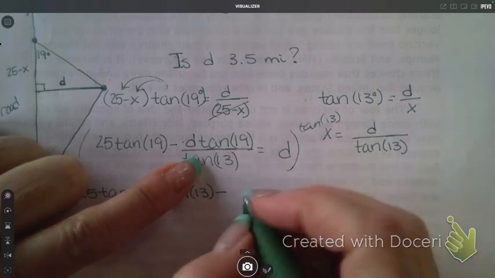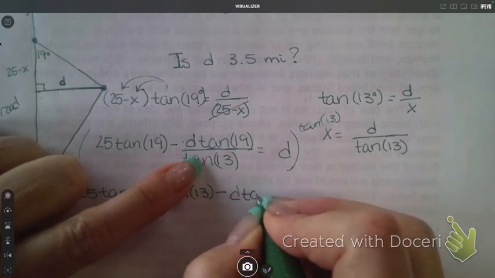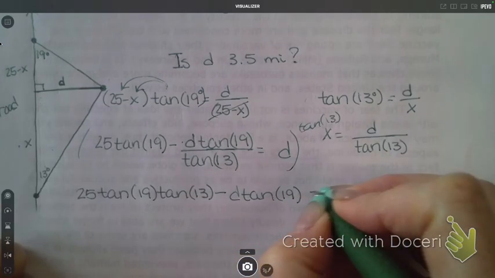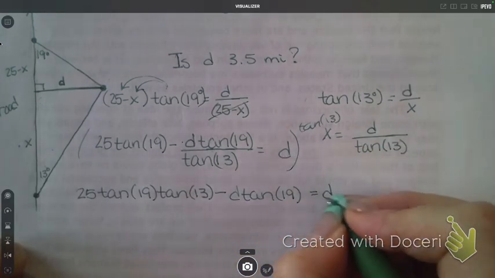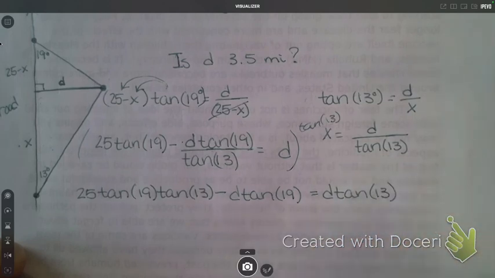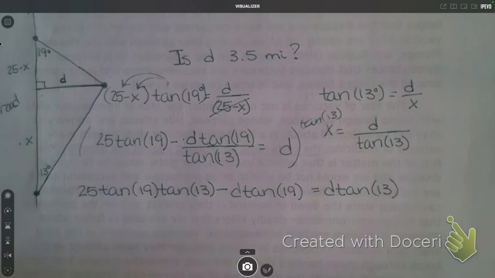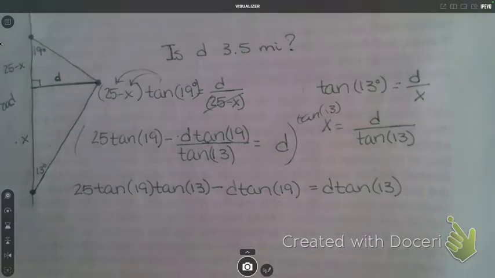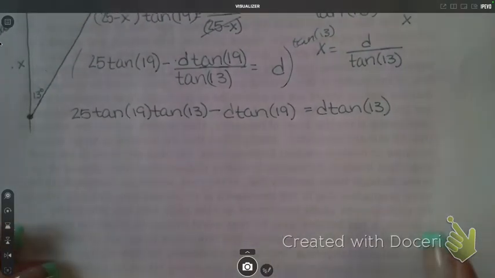Minus, again, the tangent of 13s are going to reduce out on the next one, right? Because when I distribute this here, these are going to reduce. So then I have d tangent of 19, sorry, equals, and then d tangent of 13. So what am I solving for? D. So I need to do what? Divide everything by tangent of 13.